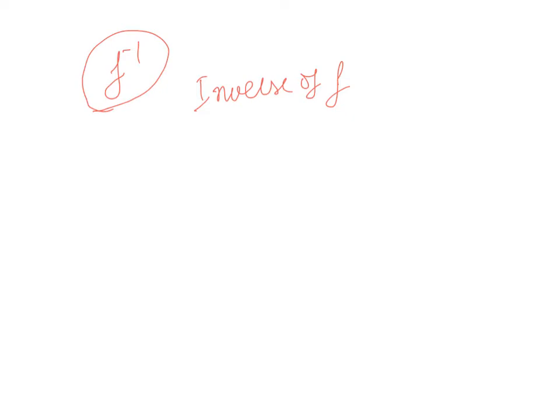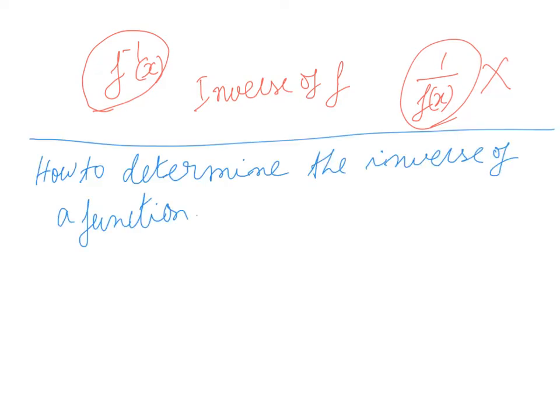It is totally different from 1 over f. Don't assume that it is f of x, this is also wrong. It's simply f inverse of x. This is how we write the notation of an inverse function.